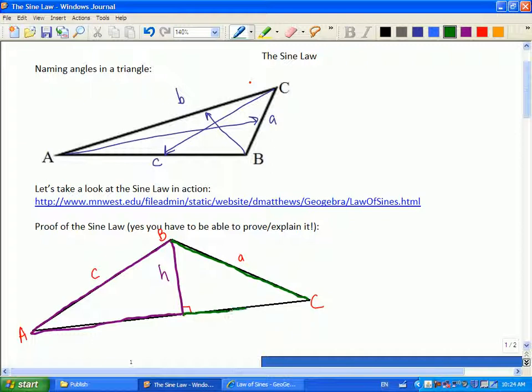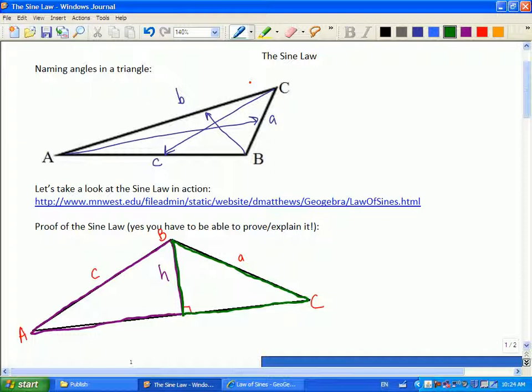Last lesson we were dealing with right angle triangles, right? The big triangle in this picture, the original one, is not a right angle triangle. All the angles are different in there. So what do we do then? We can take that triangle that we don't know anything about and make two right triangles out of it, so that we're using the information we had in the last class.